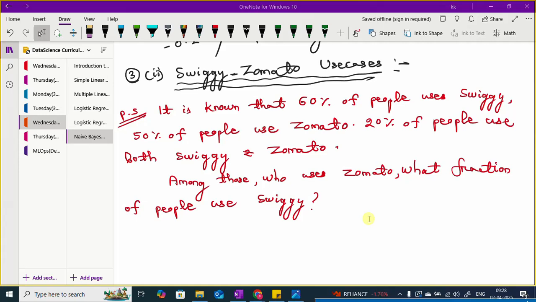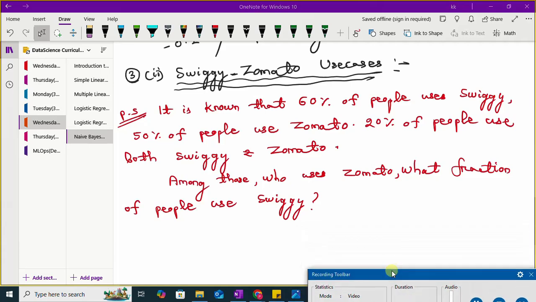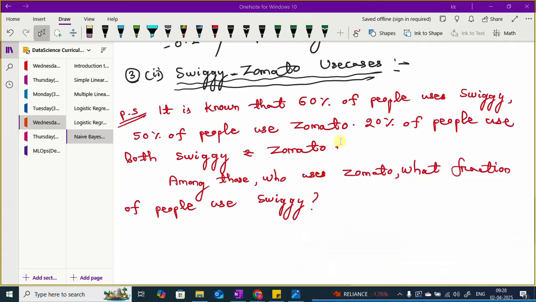The problem statement says that 60% of the people use Swiggy, 50% of the people use Zomato, and 20% of the people use both Swiggy and Zomato. Now you have to find the probability: among those who use Zomato, what fraction of people use Swiggy.